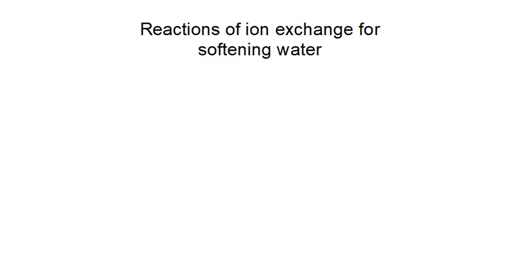Now how they work. When you treat the water with cation exchange resin, the calcium and magnesium cations are trapped by the cation exchange resin. For example, I will write calcium bicarbonate as representative of the hardness of water, and I write H2R.